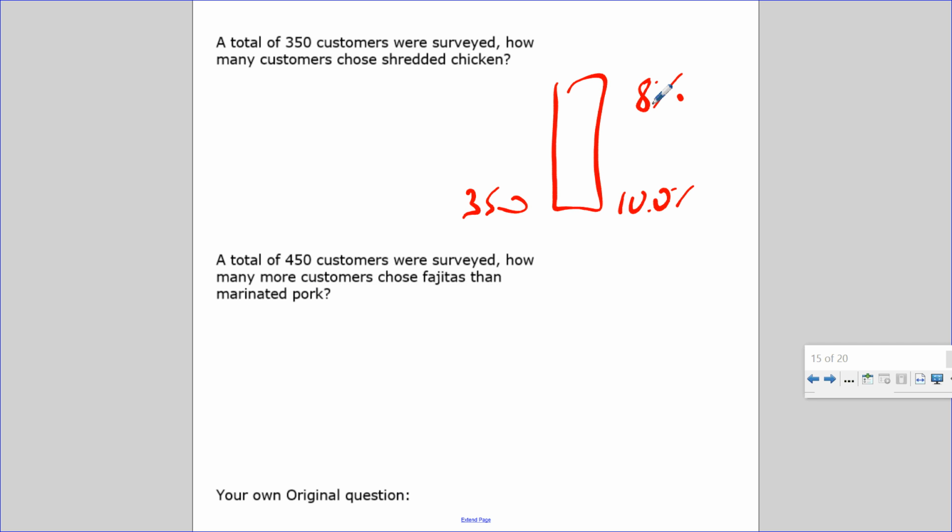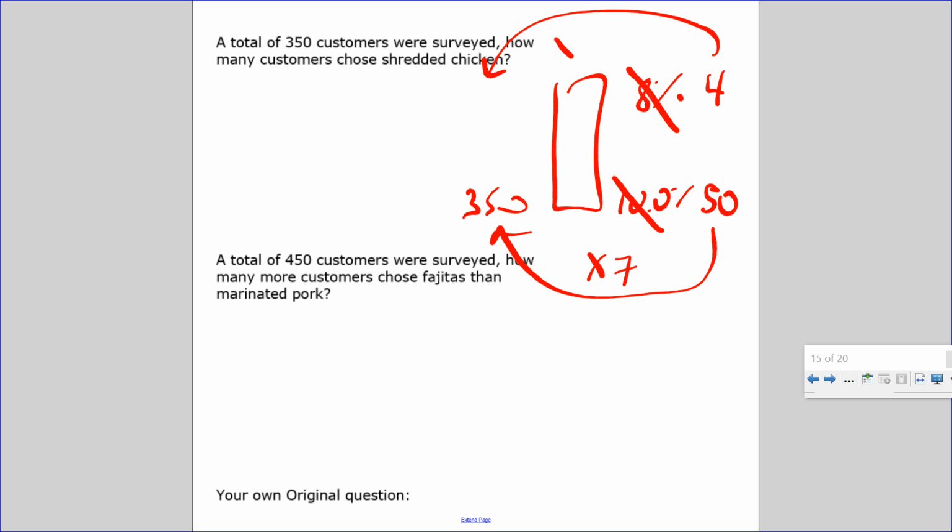No. Well, could I simplify this? Yes, I can. I can simplify to 4 and 50. Can 50 go into 350? Yes, times 7. That means the relationship is times 7. That means 28 out of 350 people would have selected shredded chicken.